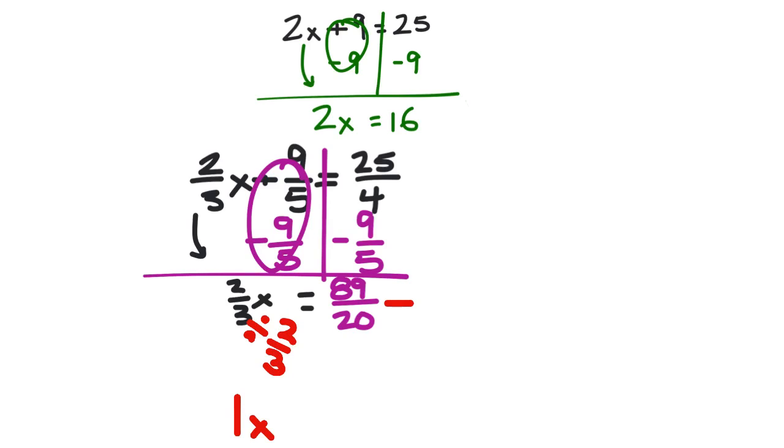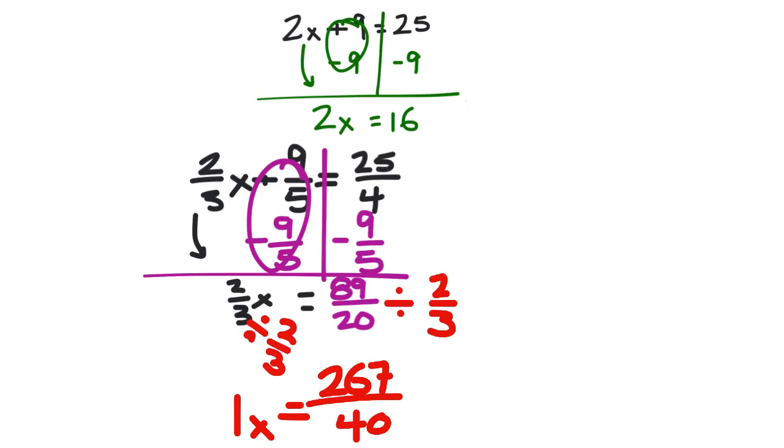So I divide by 2/3, and I have to do it to both sides of the equal sign. So I also need to divide the 89/20 by 2/3 as well, which I can just do in the calculator. So divide that by 2/3, and I get 267/40.